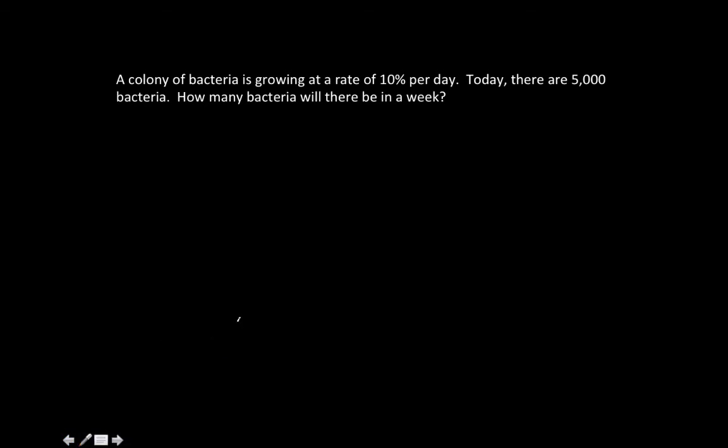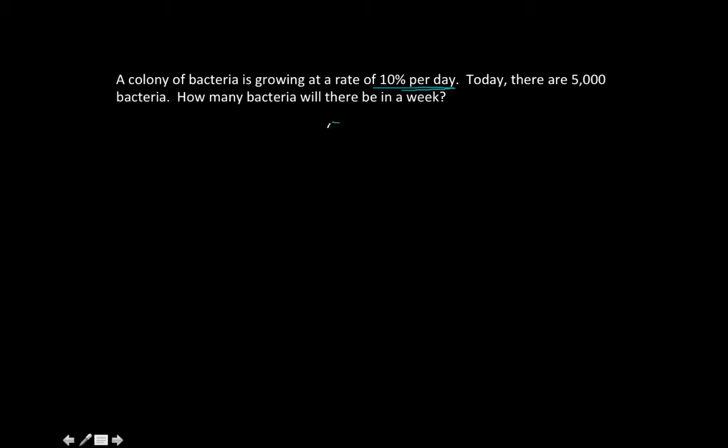Let's see if cyan is blinding. Okay, so we have the bacteria growing at a rate of 10% per day. And today, there are 5,000 bacteria. So the question is, how many will there be in a week? Because the rate is given in per day, T is also in days. So whatever the rate is given in, if you're doing financial stuff, it's almost always an annual rate. This one's a daily rate, so T is going to stand for days instead of years.